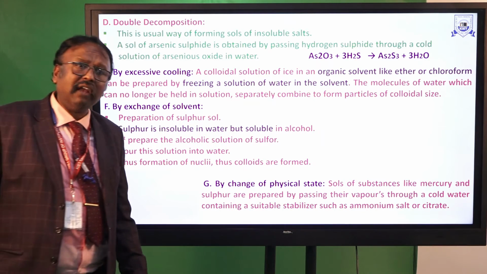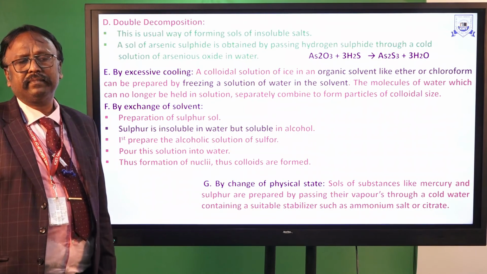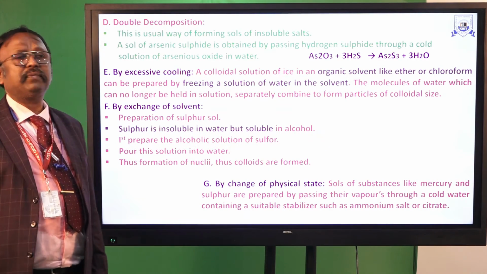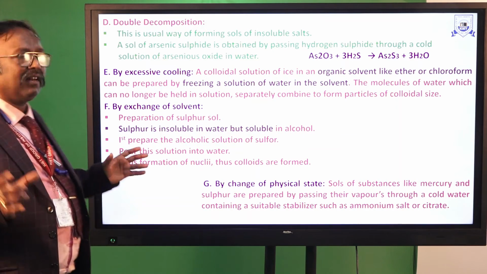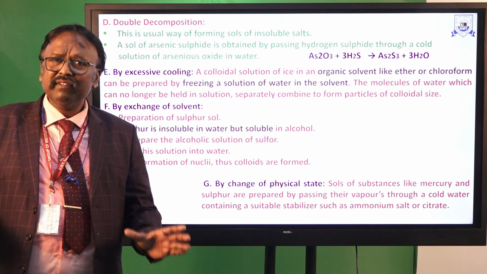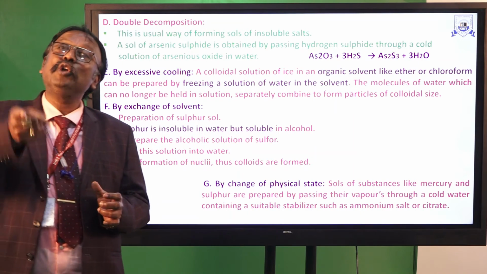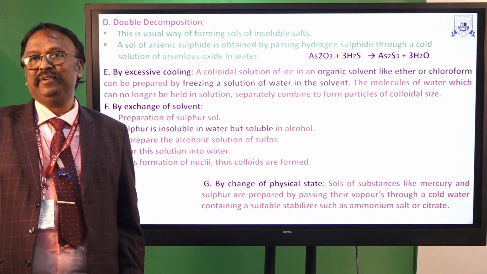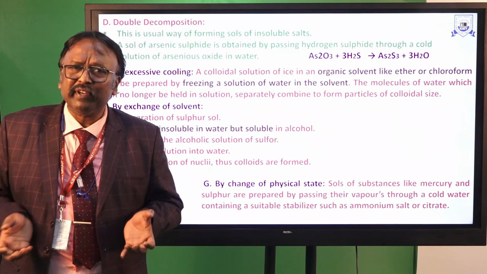Next one is by exchange of solvent. An example is the preparation of a sulfur sol. Sulfur is insoluble in water, but sulfur is soluble in alcohol. Then how do we prepare sulfur sol?